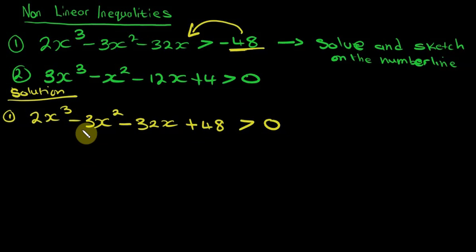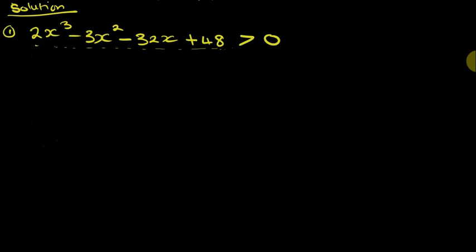Now let's solve the inequality. To do this, we need to factorize this, and then be able to sketch it on a number line, and on the number line we'll be able to identify the region with the solution that satisfies this inequality.